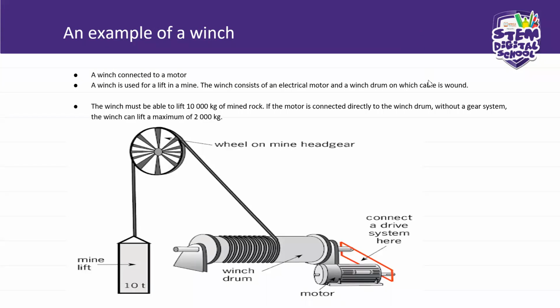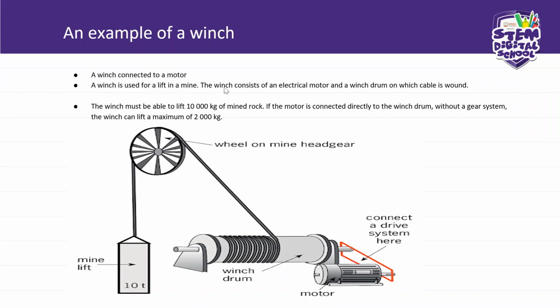It is connected to a motor normally. Remember yesterday we looked at this winch and I said there should be a gear system here. Now I got a clear explanation that this one doesn't have a gear system. A winch is used to lift loads in a mine.